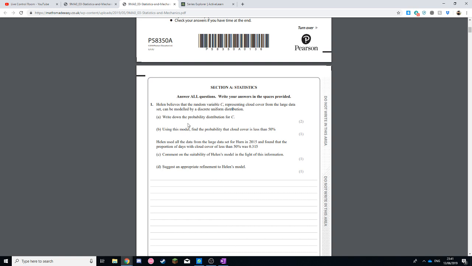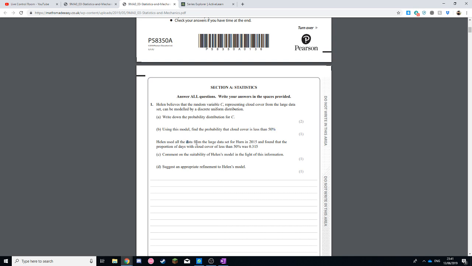But what's the mean? Find the probability the cloud cover is less than 50%. Well, the only thing I'm thinking right now is doing mean of 50. So the probability of less than 50 would just be a half.